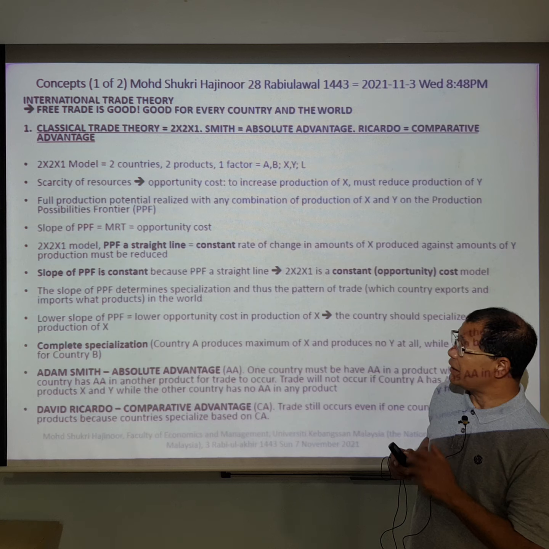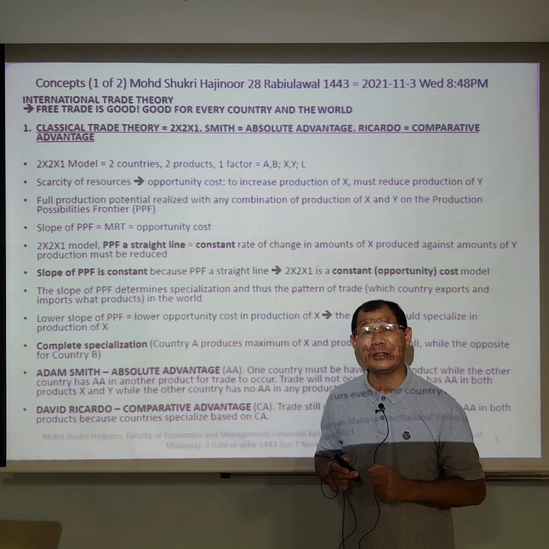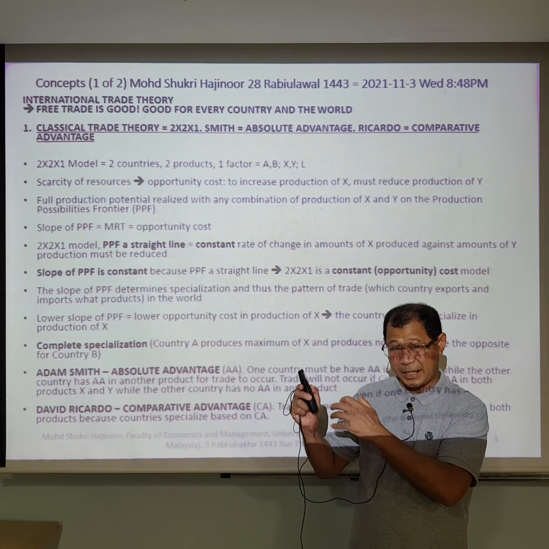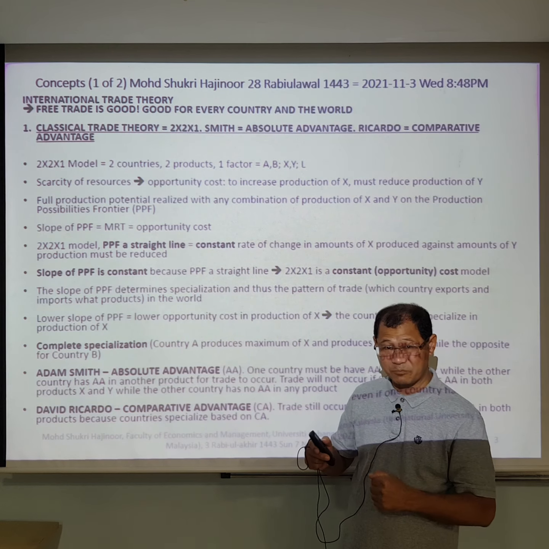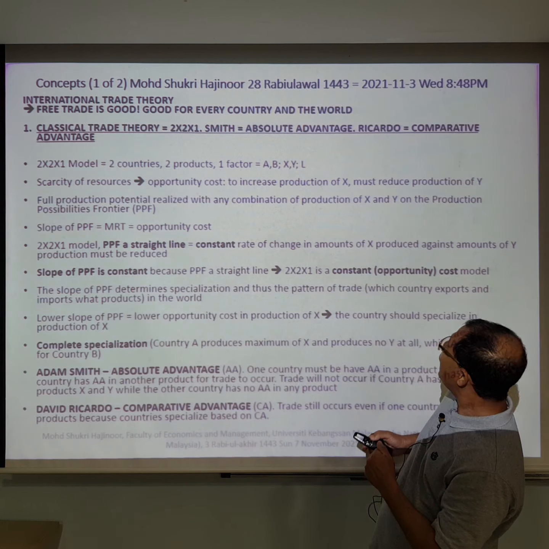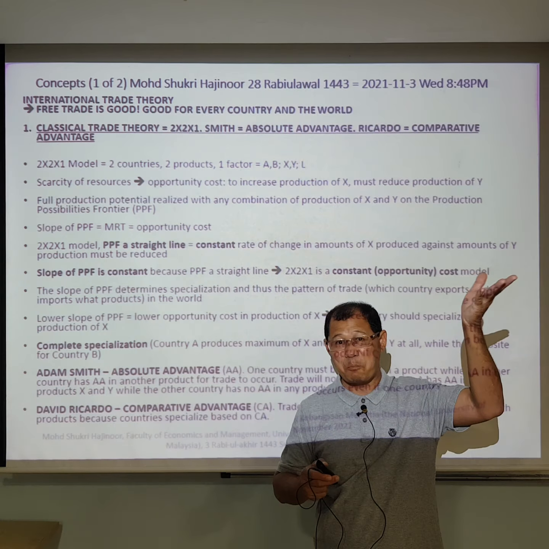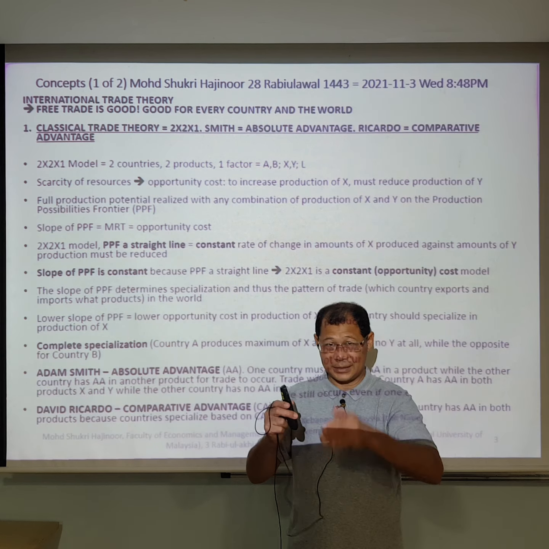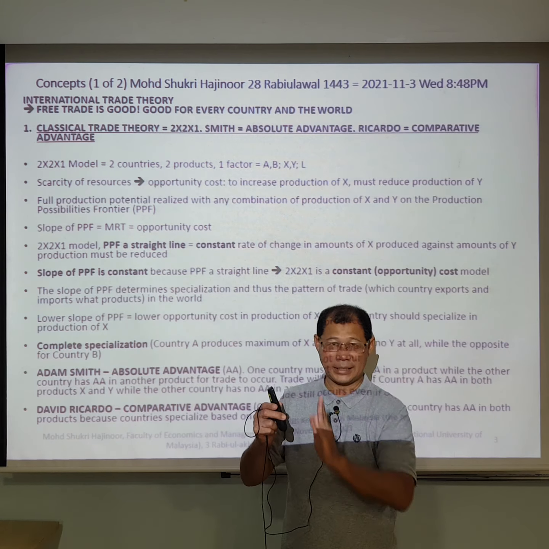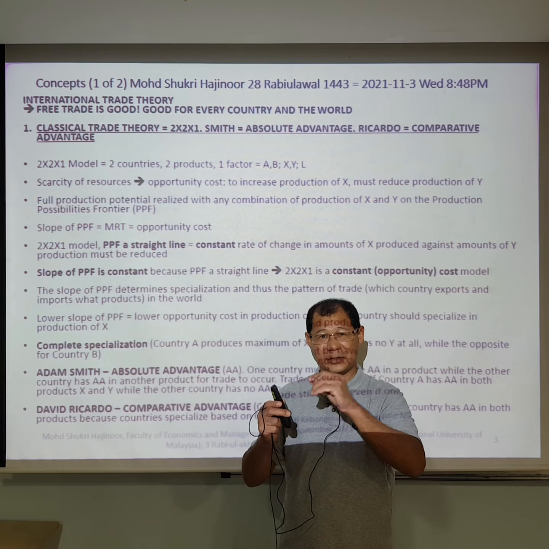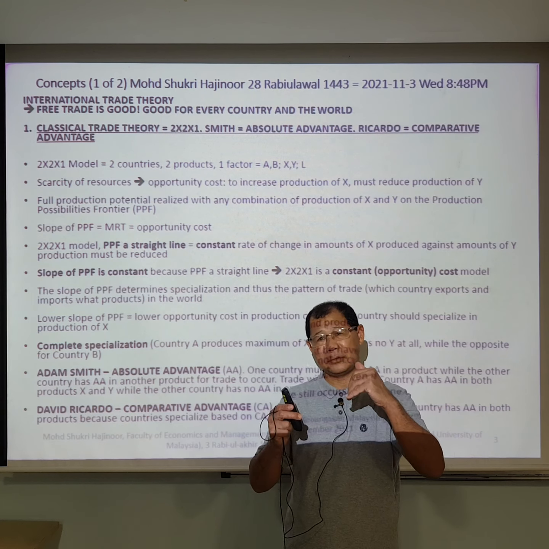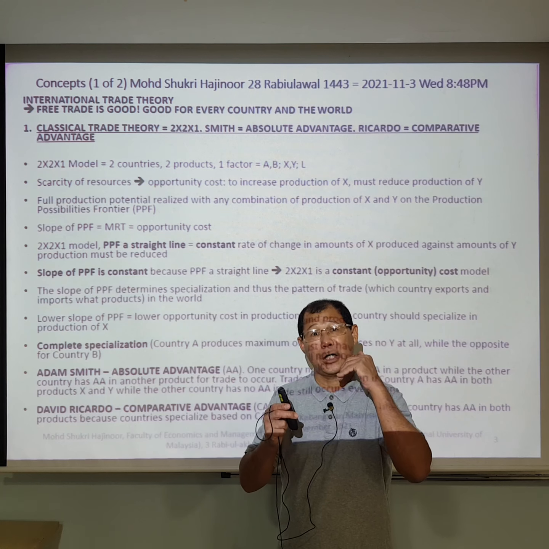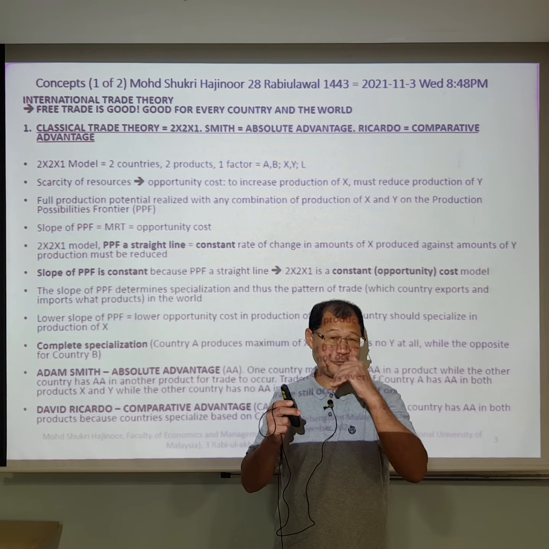Full potential of production will only be realized with any combination of product X and product Y, the two products that they assume, on the production possibility frontier, that line. Any combination of X and Y will be reaching full potential of production when all resources are utilized in the most efficient manner.